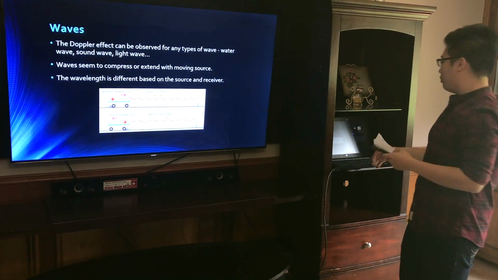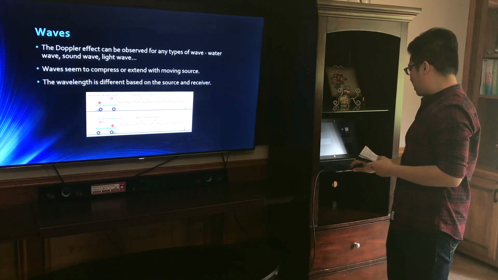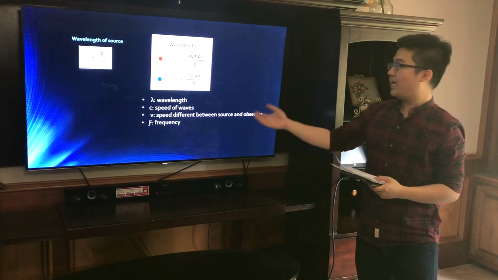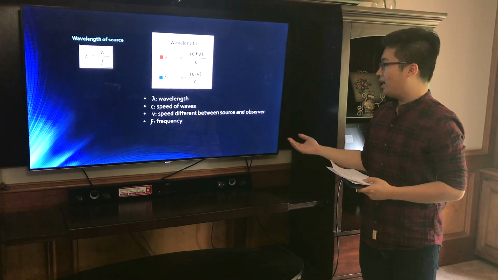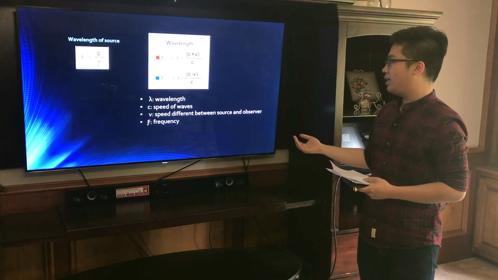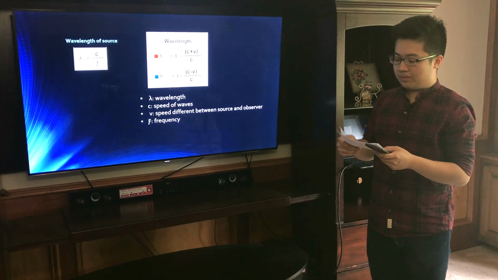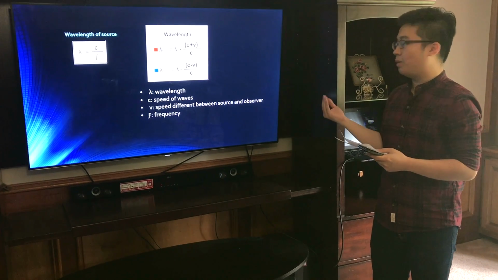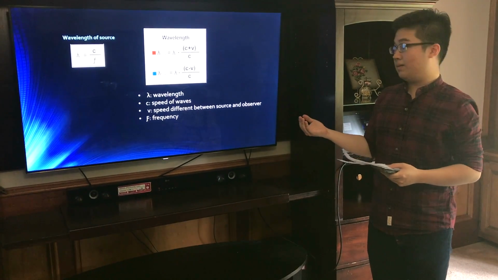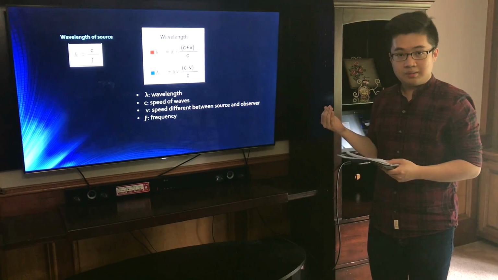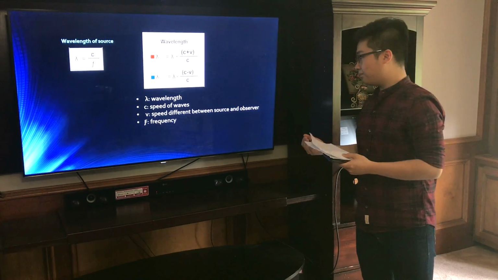So we can come up with the formula of the wavelength, that the wavelength is equal to the speed of the wave divided by the frequency. We can call it the red wavelength when the source is receding from the observer, and the blue wavelength when the source moves toward the observer.